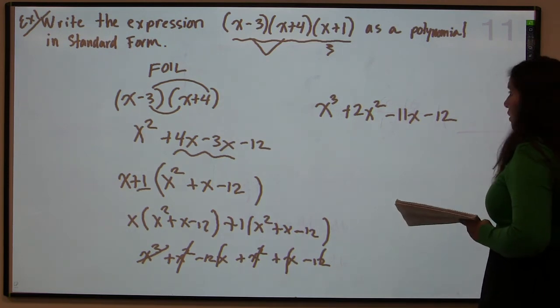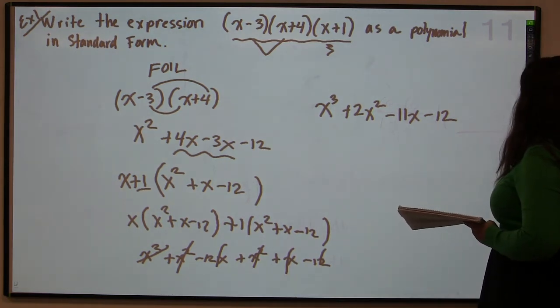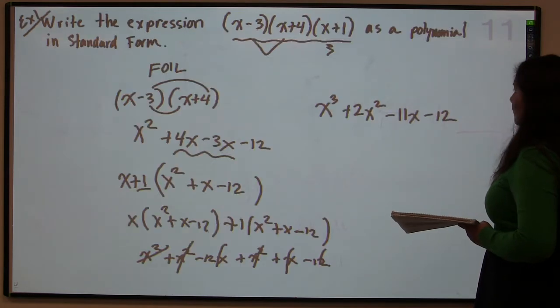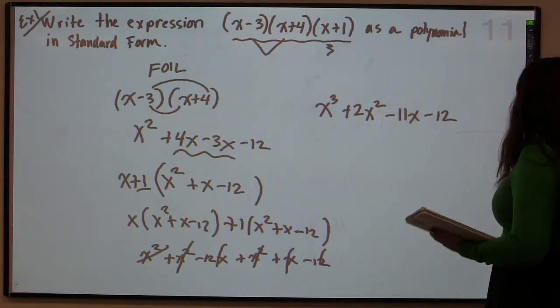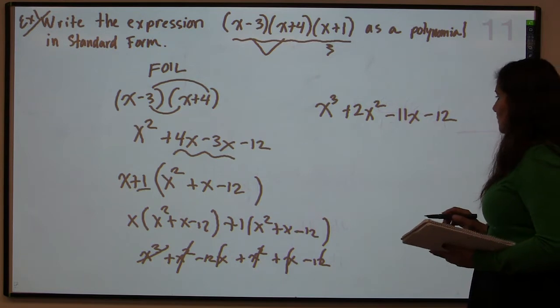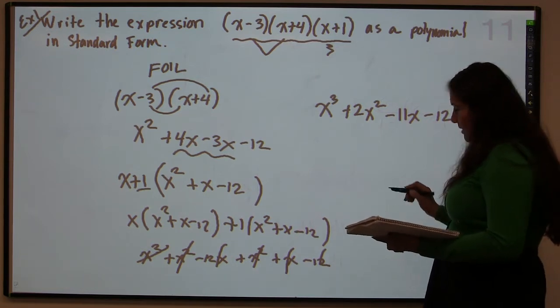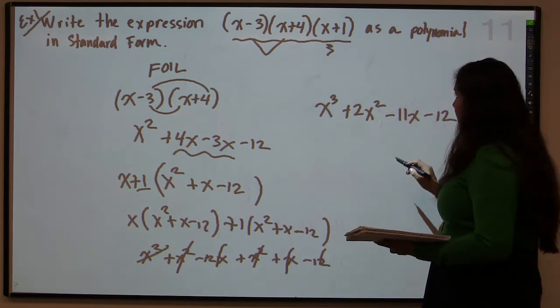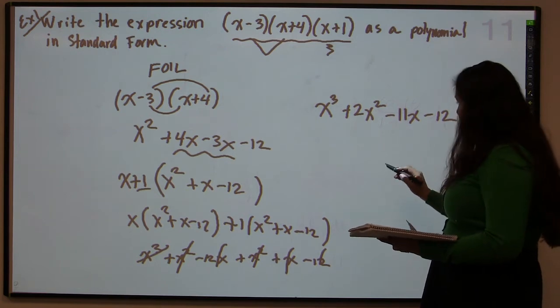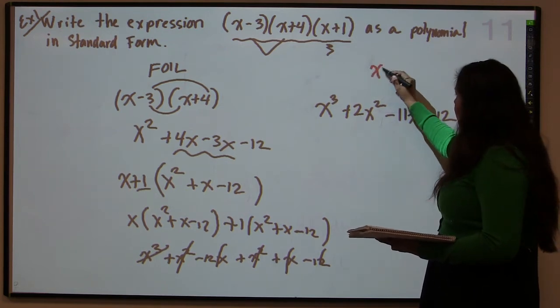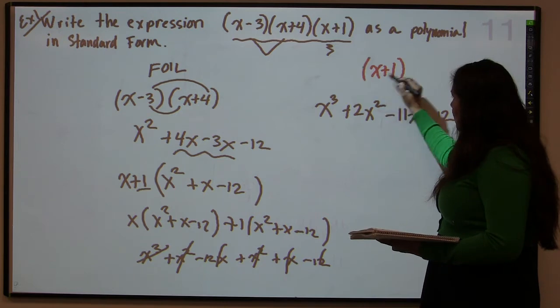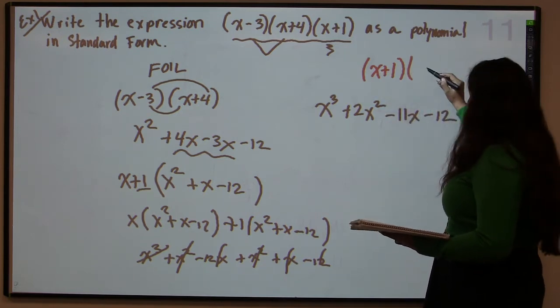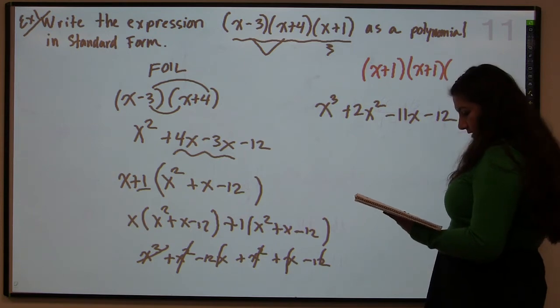So in your homework, I'm going to give you a problem to do. So I'm going to write it up here in red. And it's going to be the same exact process, but you're going to have the factors x plus 1, x plus 1, and x plus 2.